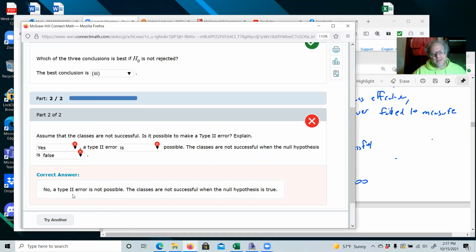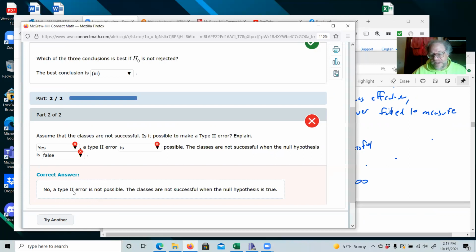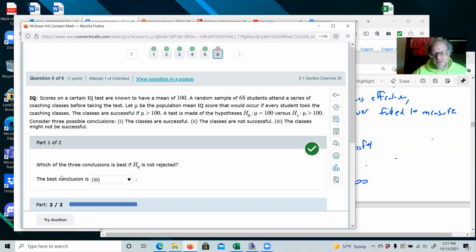So they told us what the answer is here. No, it's not possible. The classes are not successful when the null hypothesis is true. We're comparing our test against the idea that it's not effective, and the null hypothesis, right? They can't be successful when this is true.